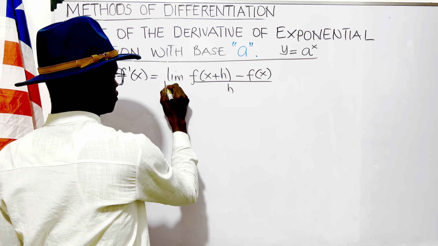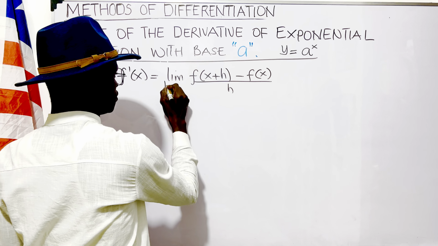Since y is the name of this function, and in this formula we have f, we can rewrite this function by changing its name to f of x. Nothing has changed. So y has a new name, f of x equals a raised to the power x.